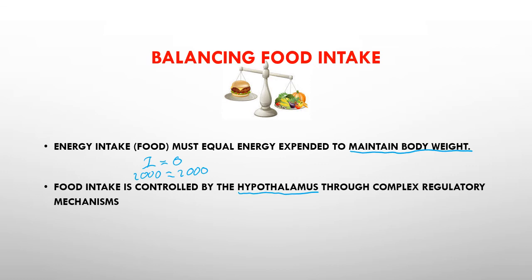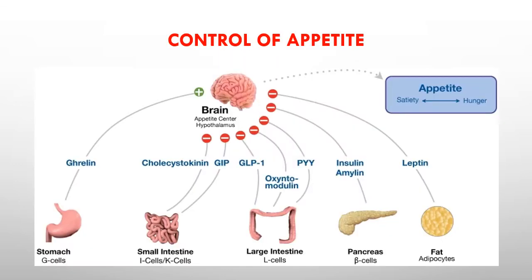And so our will allows us to increase the amount of food that we eat if we want to. And so we don't have to necessarily listen to just our stomach telling us when we are hungry. And so this control of appetite is a relatively complex process of hormones. We have many hormones that are going to tell us that we're full, and we have a primary one that's going to tell us that we're hungry.